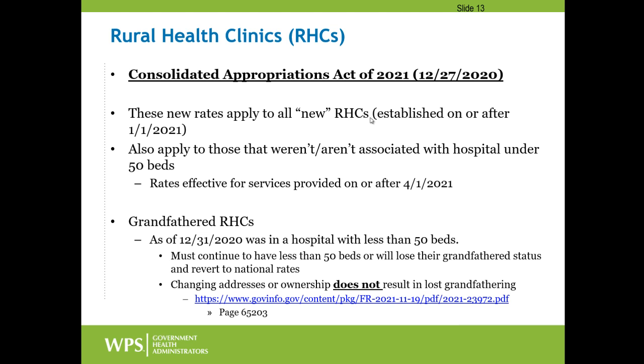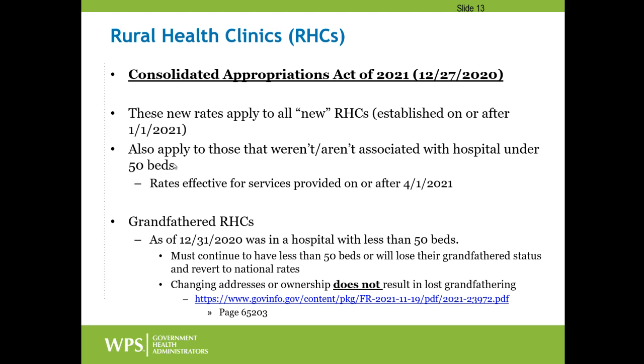So that under 50 beds no longer works for brand new hospitals, or brand new RHCs, established on or after 1/1/21. Now again, let's say you have an old RHC that's been around for a while, but it was in a relatively large hospital that had more than 50 beds. So this applies to those that weren't associated with a hospital under 50 beds.